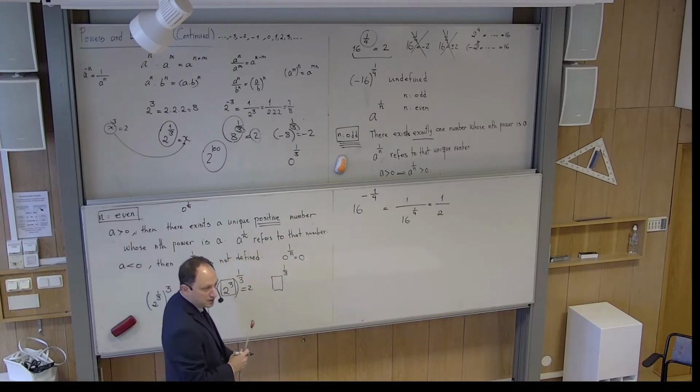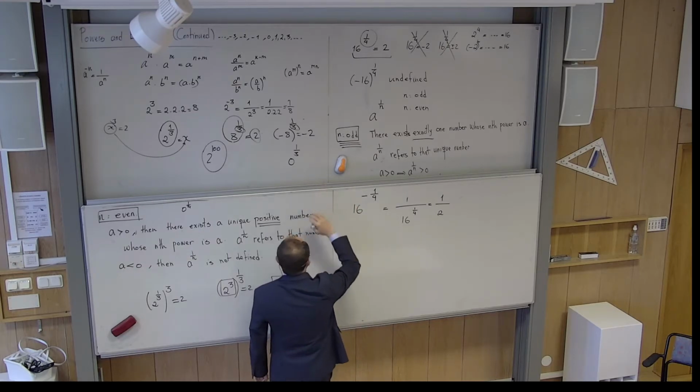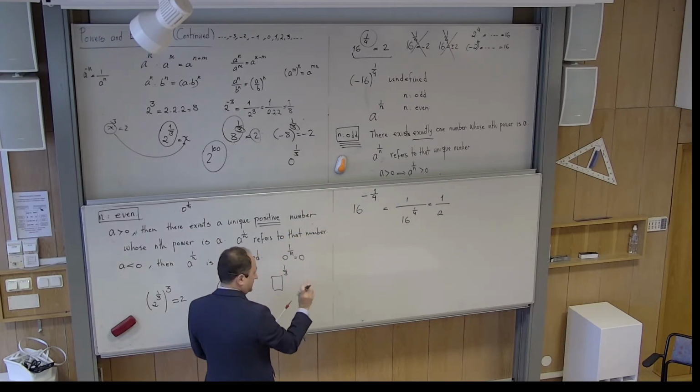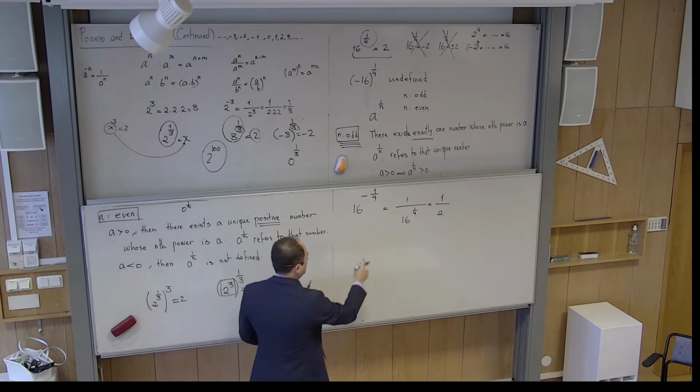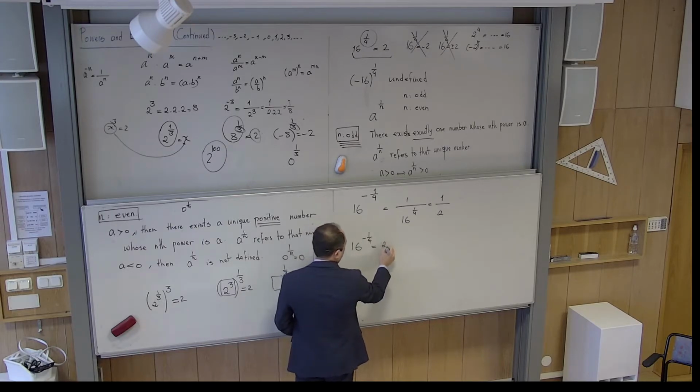Or you can do it a little bit differently. If you don't like this method, it doesn't matter. Whenever you do these things in a reasonable way, you will get the same answer. For example, here, instead of 16, I could write 2 to the power of 4, since it's not a big number.